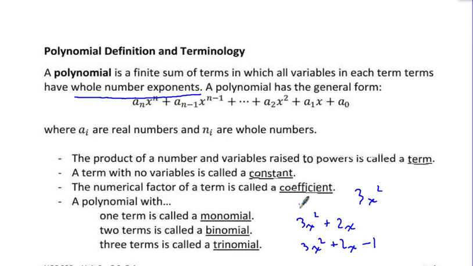And terms are generally separated by a positive sign and a negative sign. So you can see very clearly there is no positive or negative sign here, so this would be a monomial. This time there is a positive, which separates two terms, making it a binomial again. Here I have a plus and a minus, separating three terms, therefore trinomial.